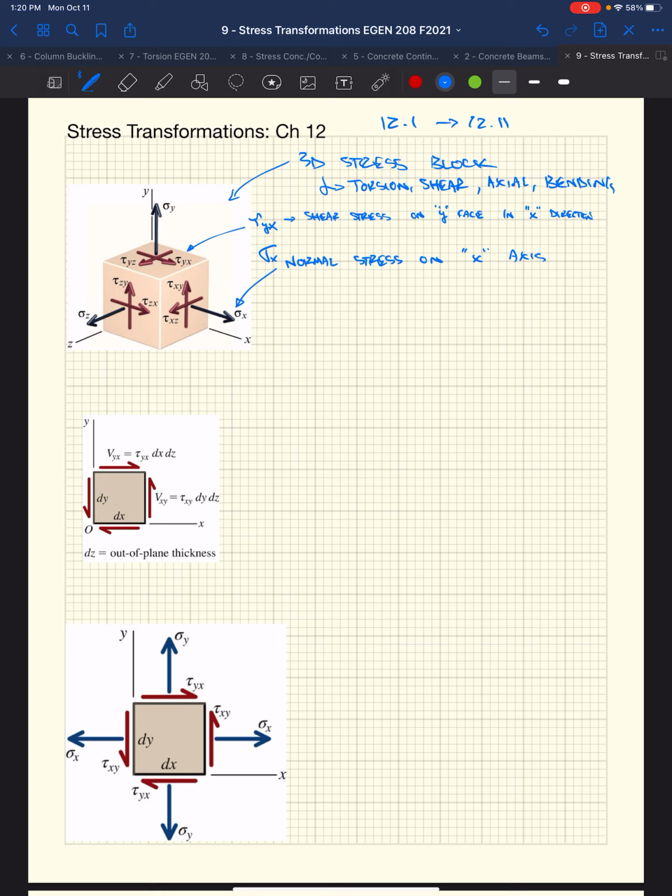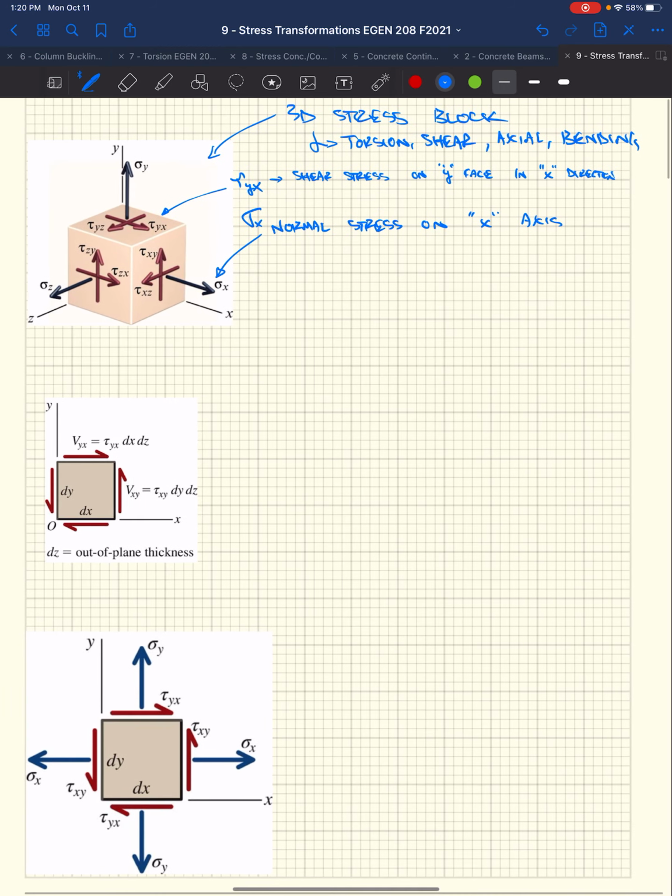So if that's the case, we then assume that sigma z, tau zx, and tau zy equal zero. We call this plane stress.